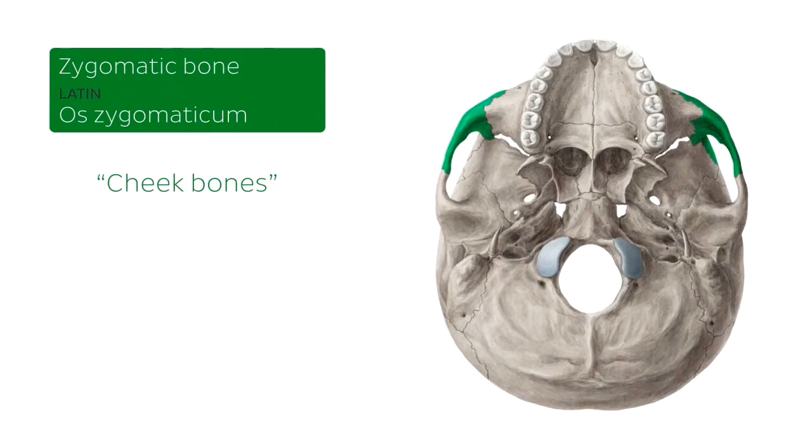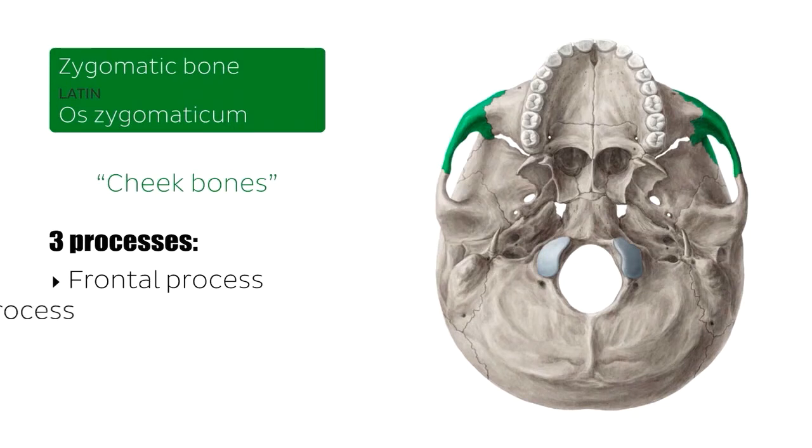Now, the zygomatic bone also has 3 processes that I would like to just briefly mention so you have it in your mind, that this bone is comprised of the frontal process, which you cannot clearly see from this view of the bone. But you also have temporal processes, which you can see here clearly, and we talked about on the previous slide.